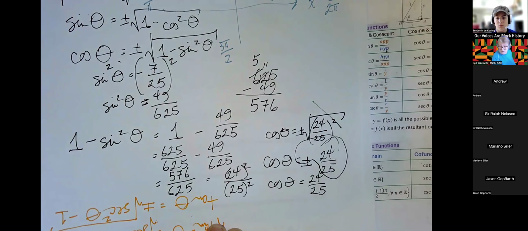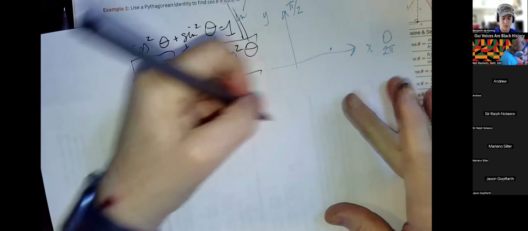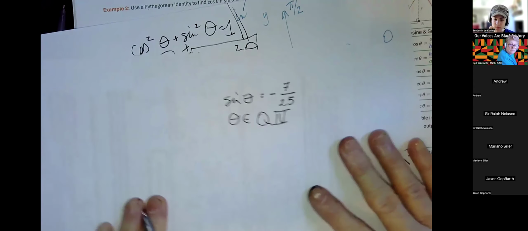Now here's the other way. So let's see. We know that the sine of theta is negative 7/25, and that theta lives in quadrant 4. So we're going to draw a triangle in quadrant 4.